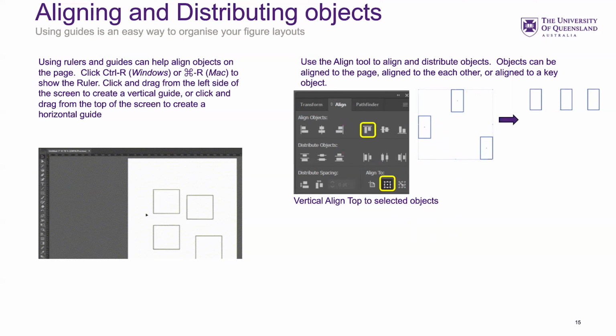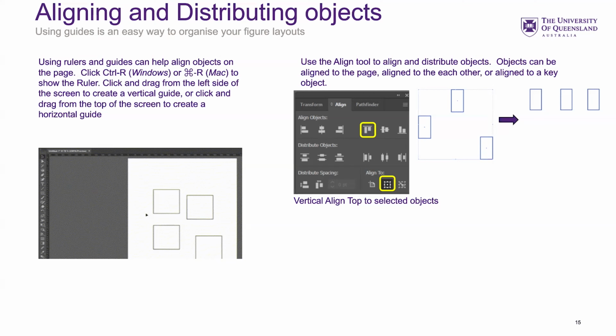Because we're aligning top, it aligns them all to the top of the highest element, right? But I used to run into this a lot, where maybe you put one of those elements exactly where you want it, and when you click align, you want everything to align to that element rather than have them all align to some middle point that isn't really where you want any of them to be.